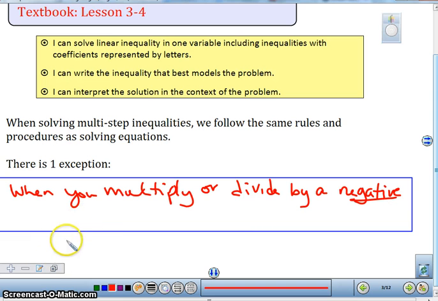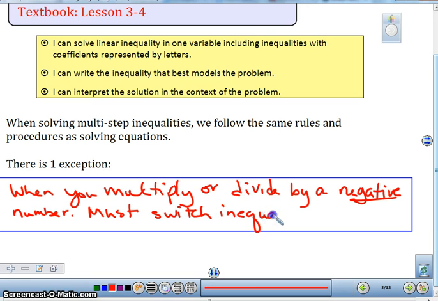Anytime you're multiplying or dividing by a negative number, you must switch the inequality. And if you saw in last night's video, which was one I did from years past, it is key that you switch that inequality symbol around.